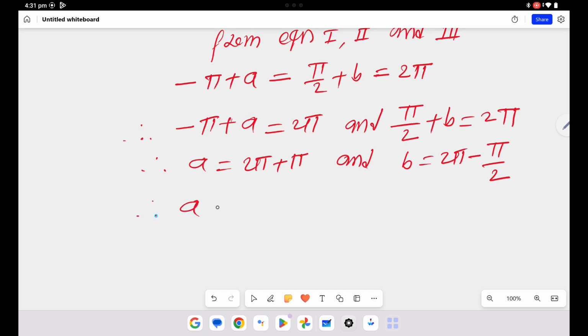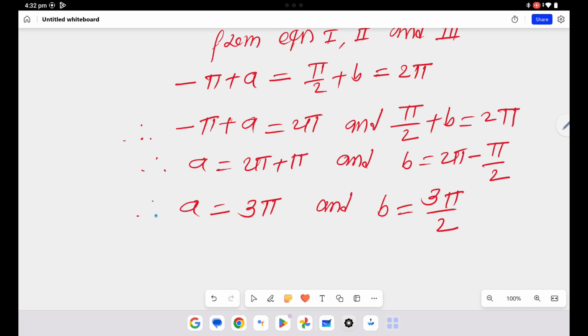Therefore a is equal to 2 pi plus pi, here 3 pi, and b is equal to, cross multiply, 2 into 2, 4 pi minus pi, 3 pi by 2, 3 pi by 2.